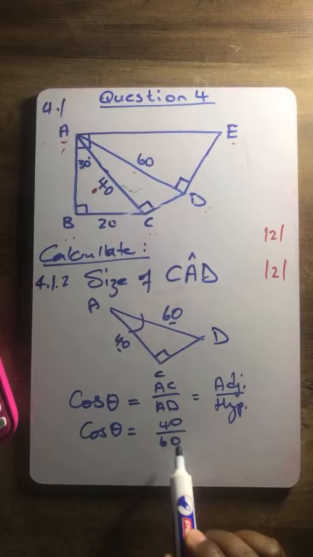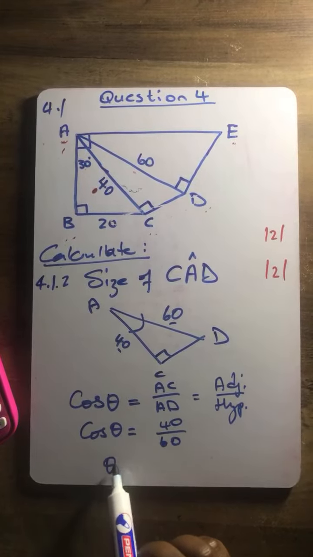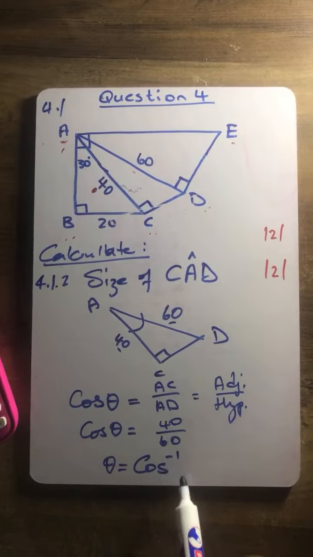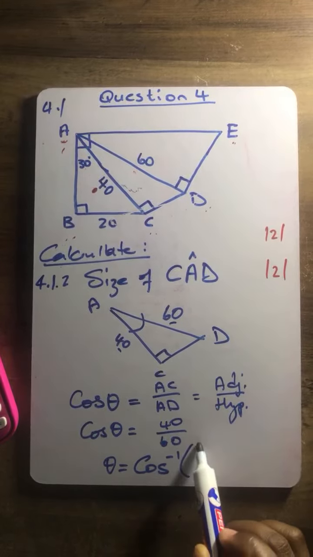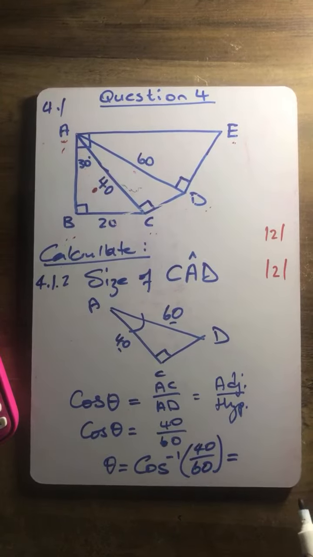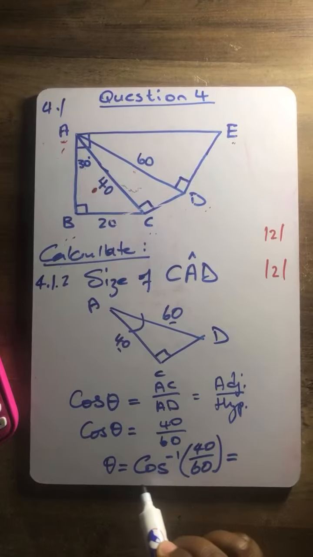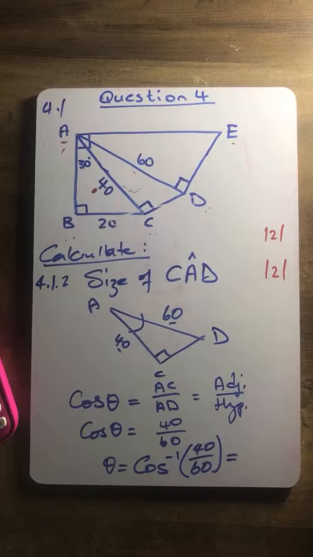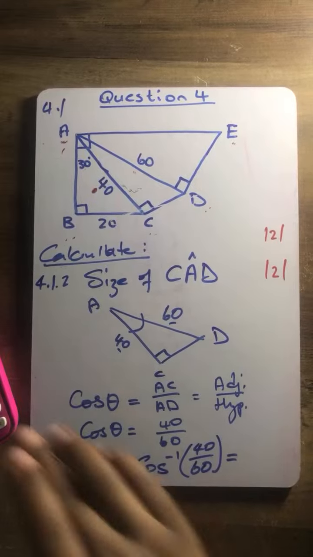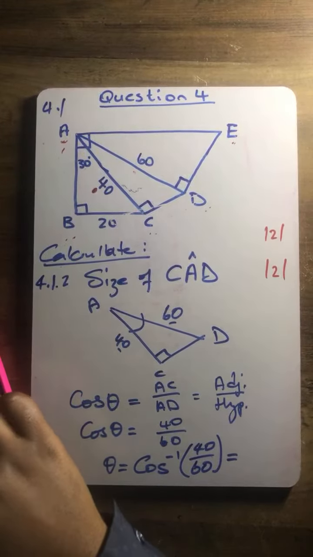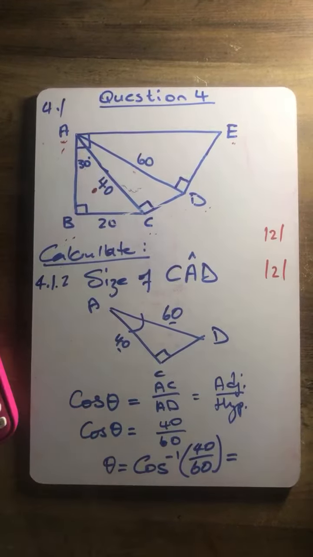So to calculate an angle, you will say on your calculator shift, so that it punches the second function of that. And then you say 40 over 60. So you punch shift and then you click on the button for cos, and then inside the bracket you say 40 over 60. So let's see, shift cos 40 divided by 60.